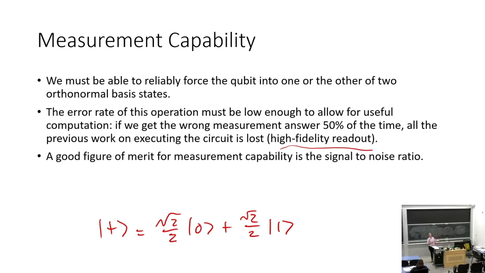So if we consider a qubit state, let's say a0 plus b1, represented by the ground and excited state of a 2-level atom, we might measure that by pumping the excited state and looking for fluorescence.